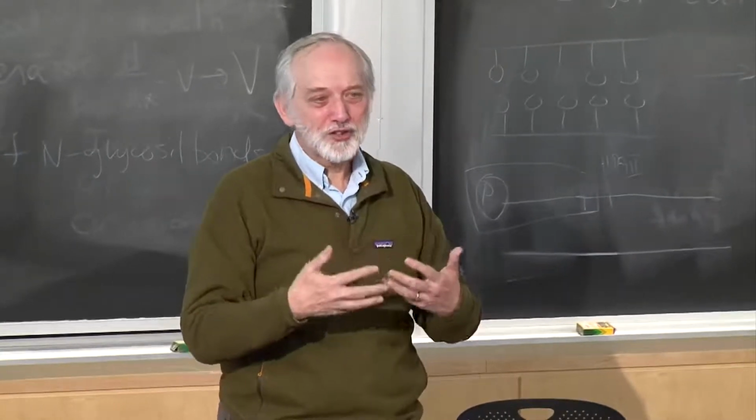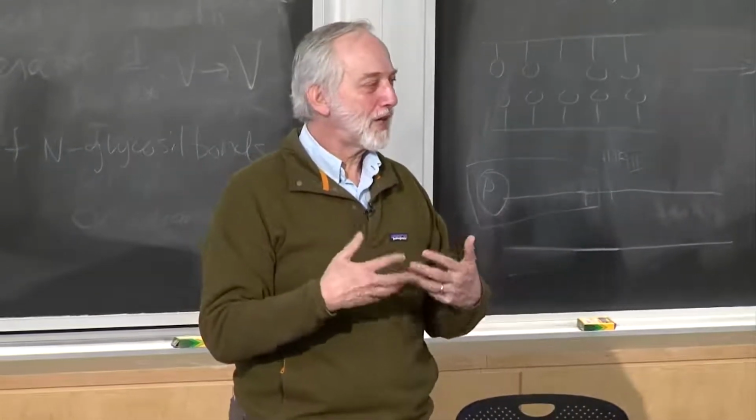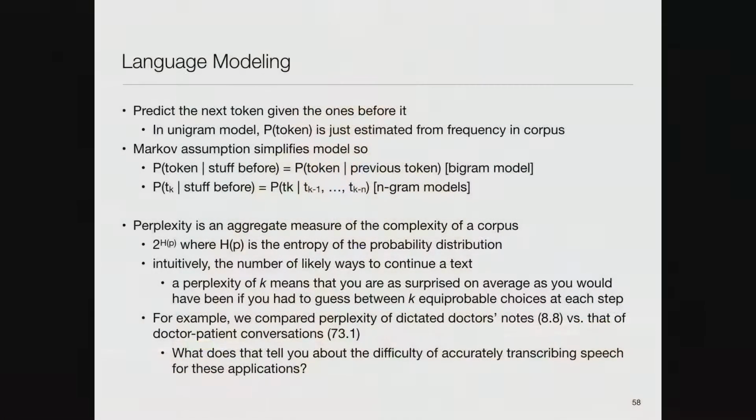And so the contemporary idea about language modeling is to say, given a sequence of tokens, predict the next token. Okay? If you could do that perfectly, presumably you would have a good language model. So obviously you can't do it perfectly because we don't always say the same word after some sequence of previous words when we speak.